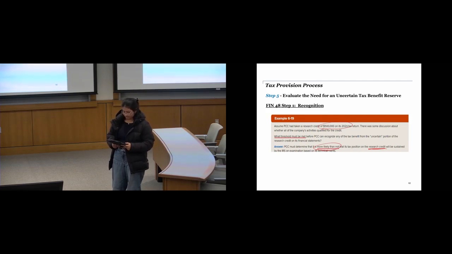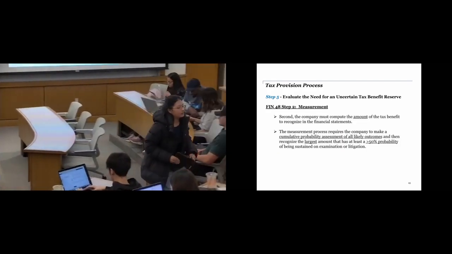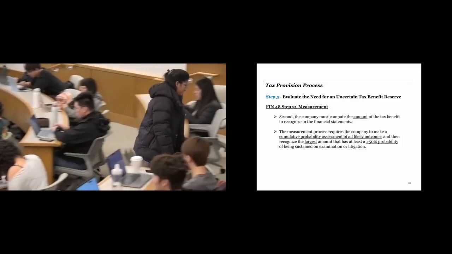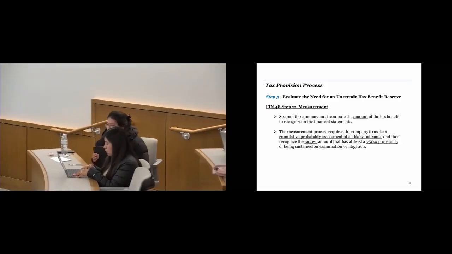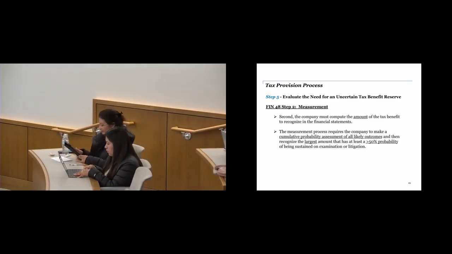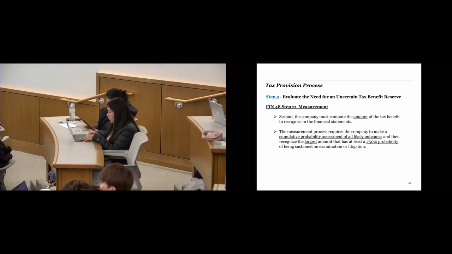Okay, so let's assume that if I'm not in that threshold, about 49%, I have to reserve fully that 500,000. But now let's say I'm at least at 51% based on the merits, based on my access to the court system, that I will win on that. So now I have a measurement test, step 2.